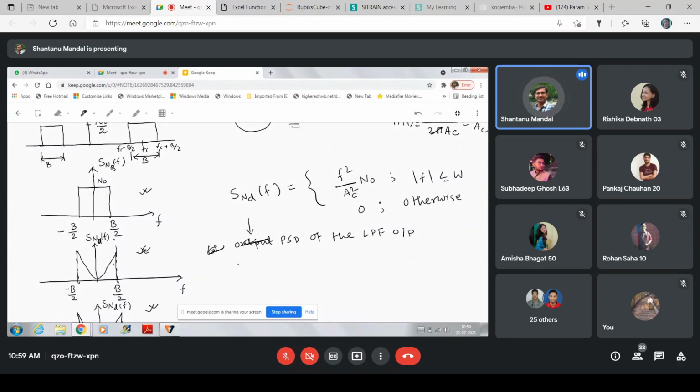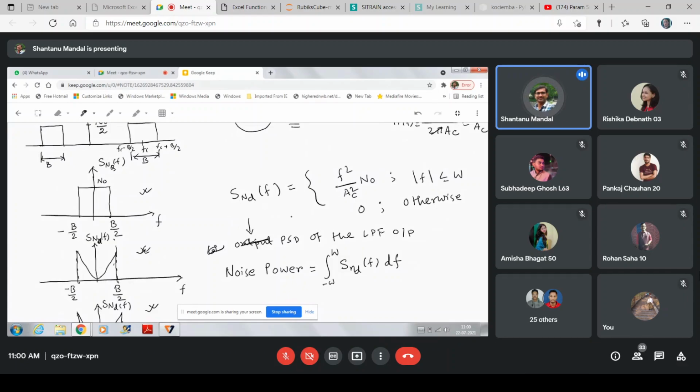Now we have to determine the noise power. What will be the formula for noise power? The noise power is the integration of the PSD. So the noise power is equal to the integral from minus W to plus W of S of N(f) df.